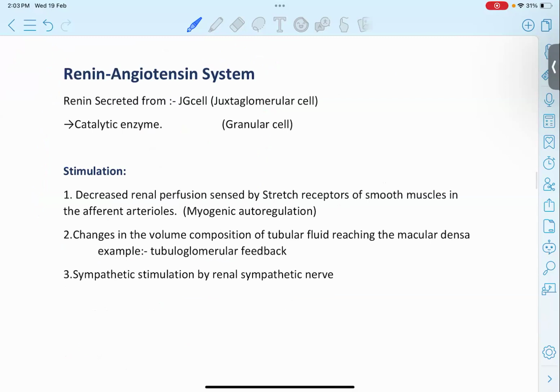Next, we will move into today's most important topic, which is the renin-angiotensin system. First, a heads up: this whole topic is a recall. They can ask you anything from the renin-angiotensin system, so I am not going to mention each time that this is a recall.